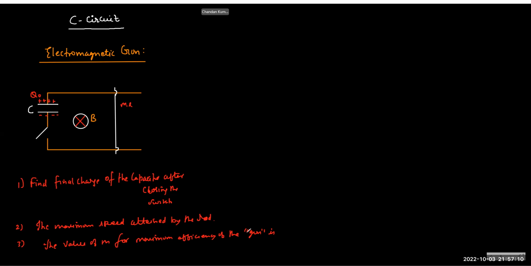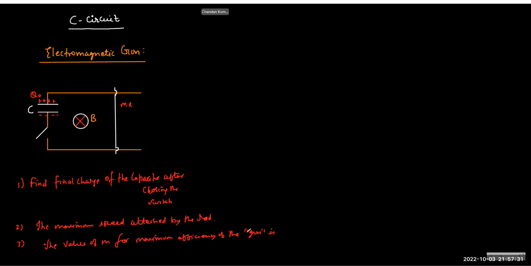Understood? So the capacitor will discharge so fast that it will get a burst of current, and the current will be tremendously high. You know that for a pure conductor, the capacitor will discharge very fast, right? So the current will be impulsive or infinitely large.